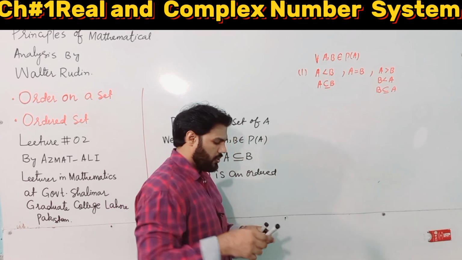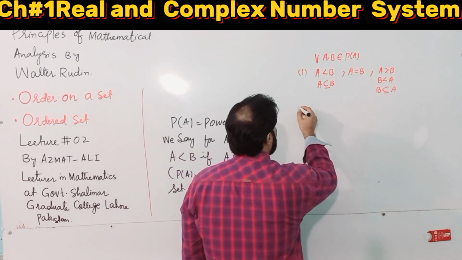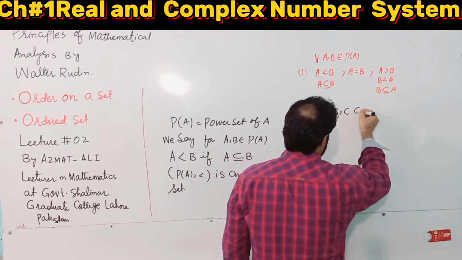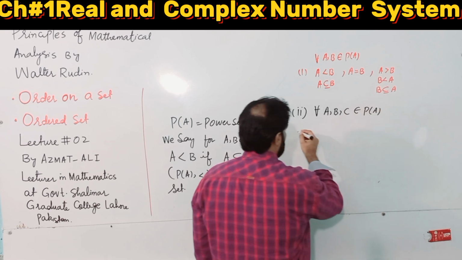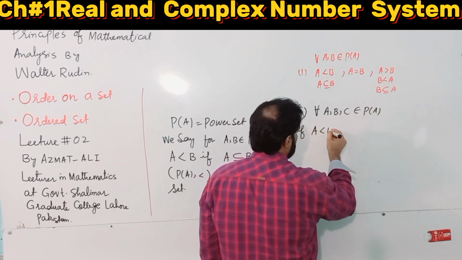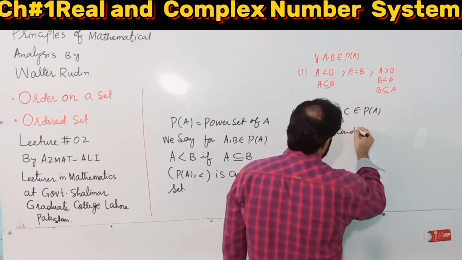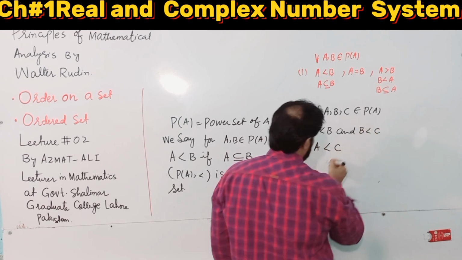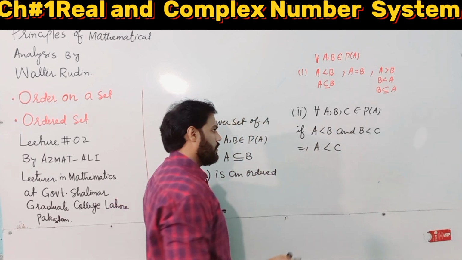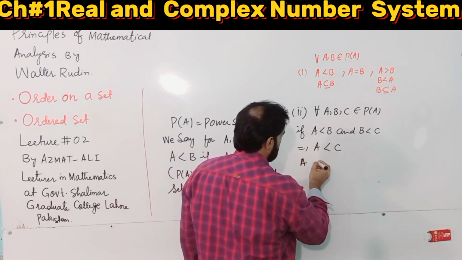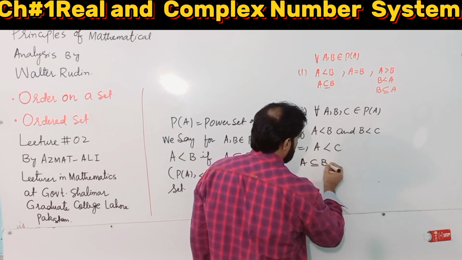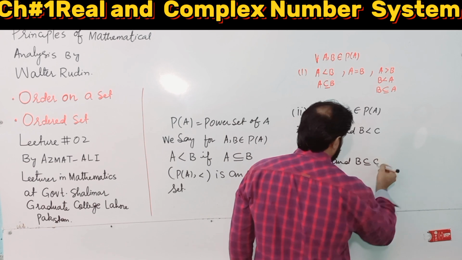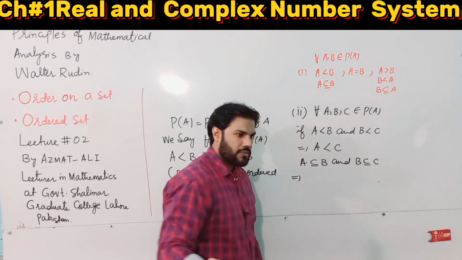The second axiom is the transitive property. That is, for all A, B, C belonging to the power set of A, if A is less than B and B is less than C, this implies A is less than C. A is less than B means A is a subset of B, and B is less than C means B is a subset of C. So this is obvious.